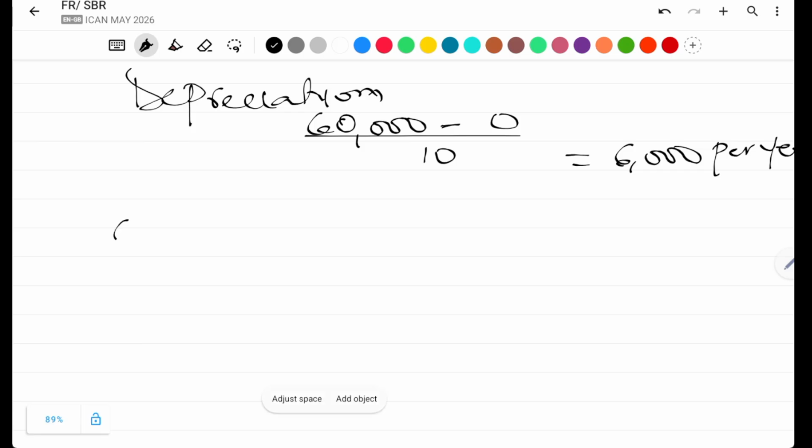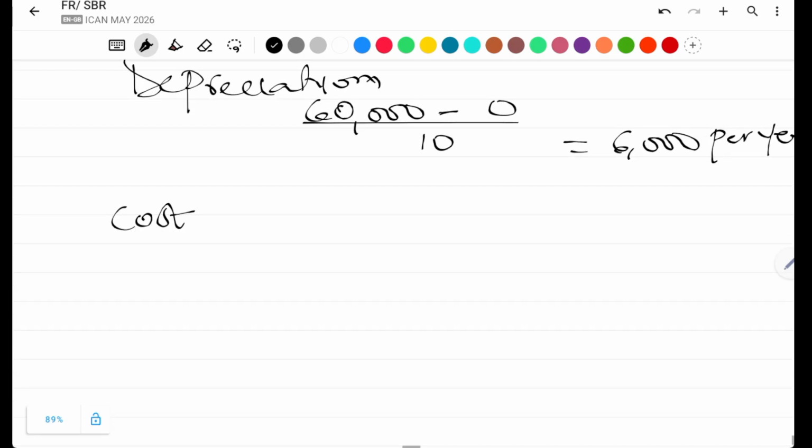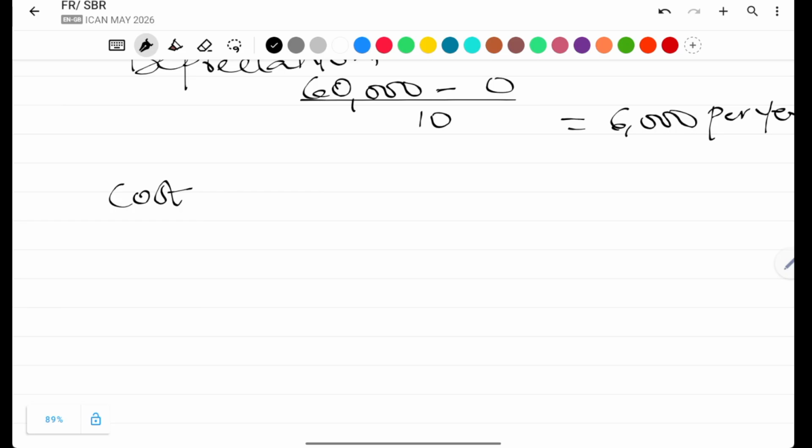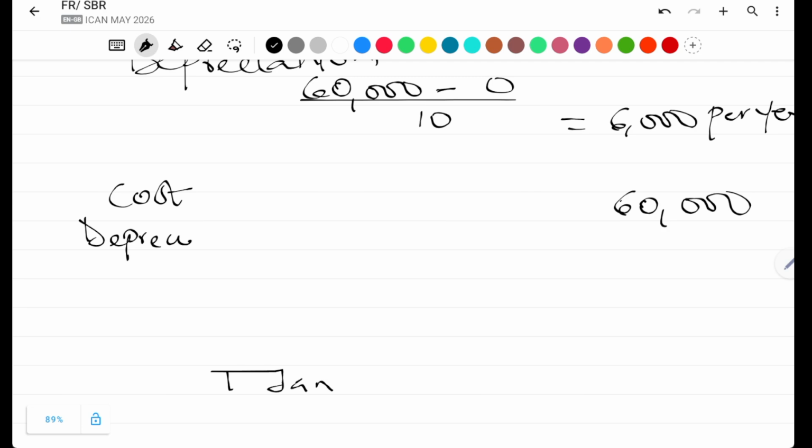So let's say the cost of the asset is 60,000. Now depreciation, how many periods have we used the asset? Remember that it says that we bought it in 21st January 20x3.